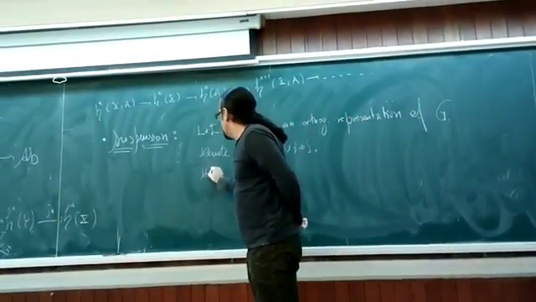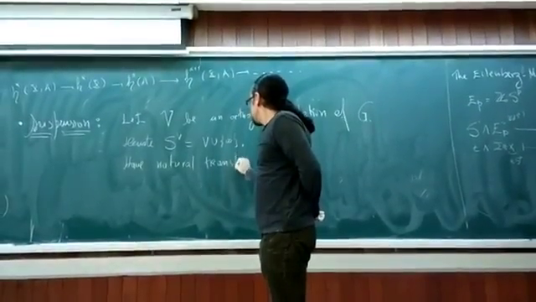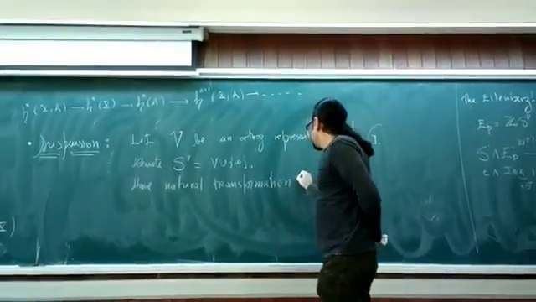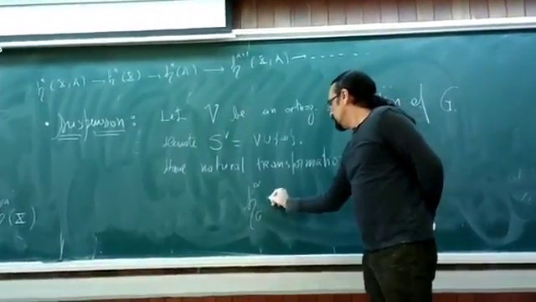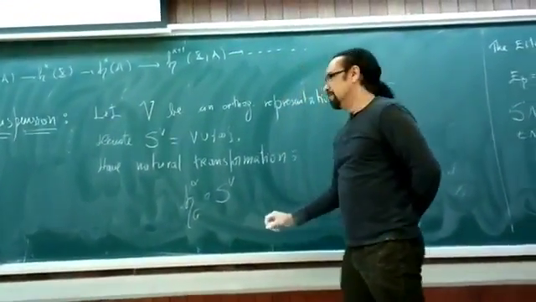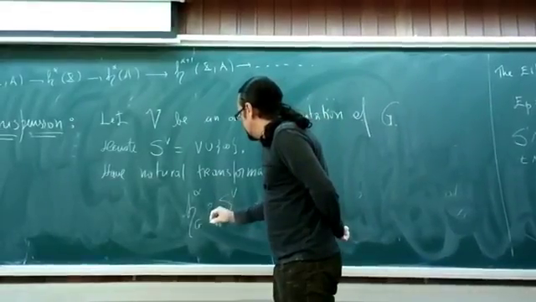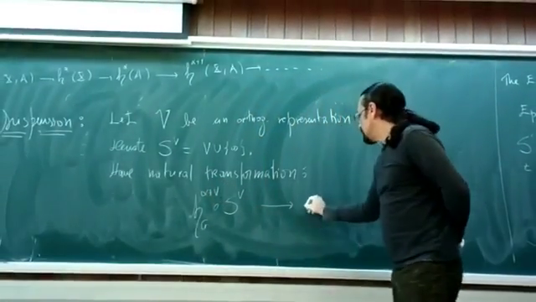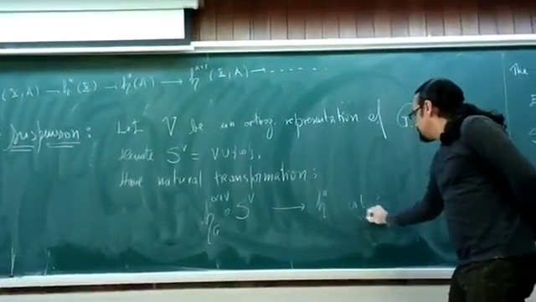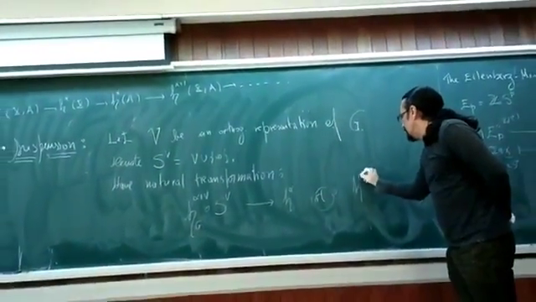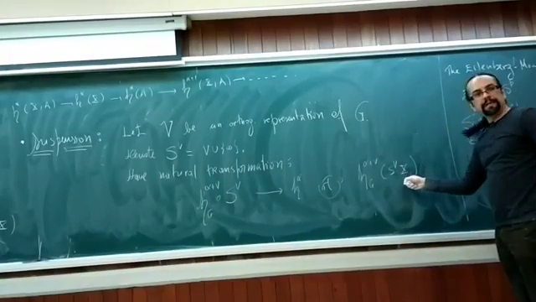Then we have a natural transformation. Well, now I have my H_G^alpha composed with the functor that smashes with my sphere, and that goes to, I'm sorry, let me go the other way around, such that when I do H^(alpha+V)_G of S^V smashed with your space X, this is really smashing our space with a sphere.